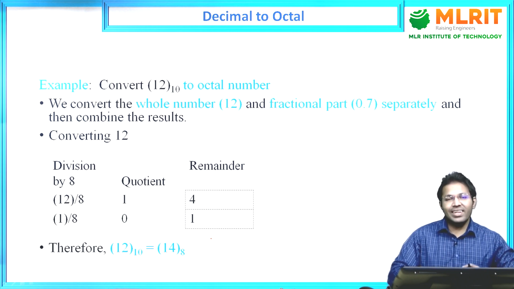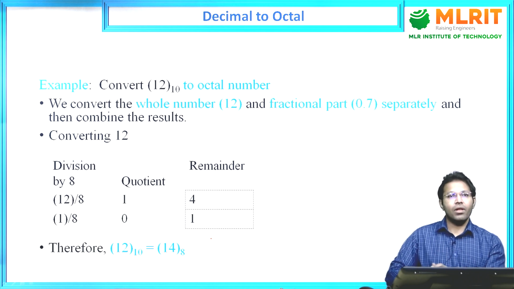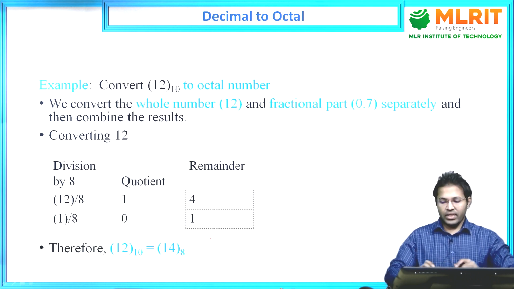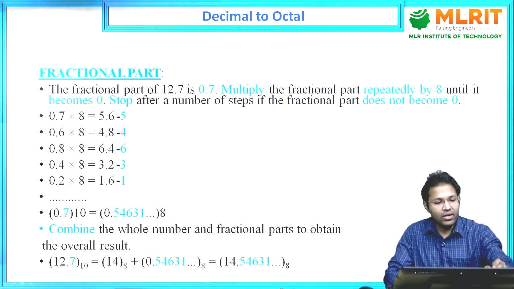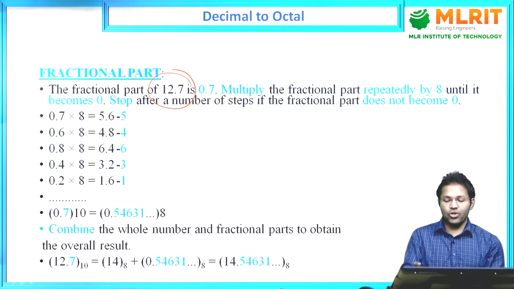Okay, so directly we will go into the details of converting a decimal number to an octal number. Suppose we have to convert 12.7. What we do is, we consider 12 separately and 0.7 separately, and then combine both to get the result of the conversion of decimal to octal for the value 12.7.